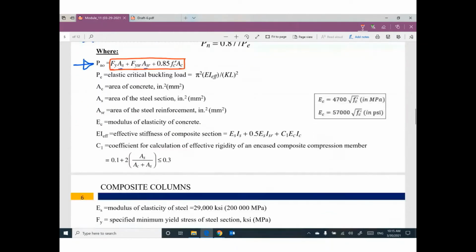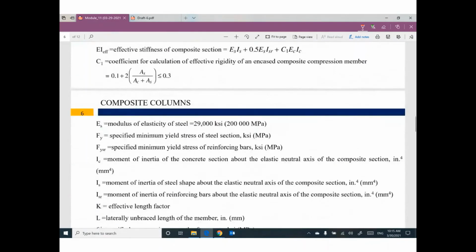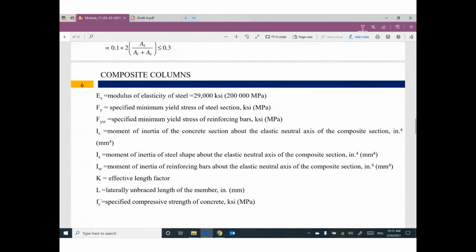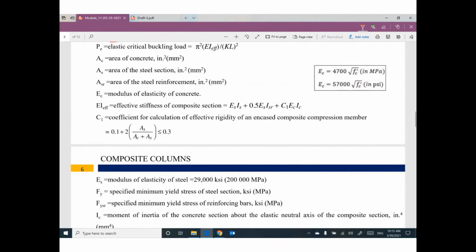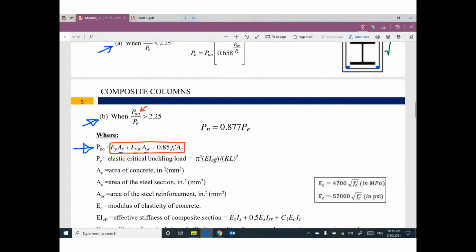Where is Pe? Pe is the elastic critical buckling load, pi squared EI effective divided by KL squared.